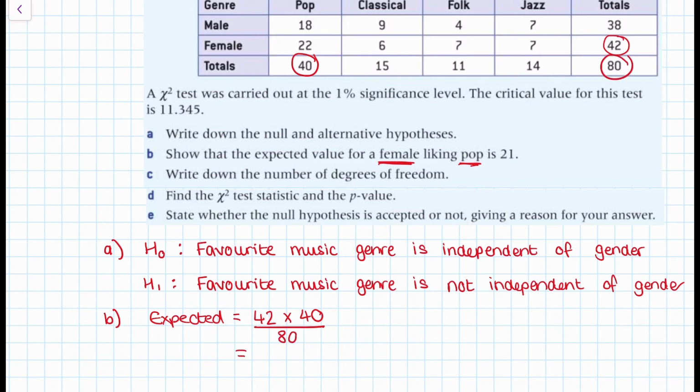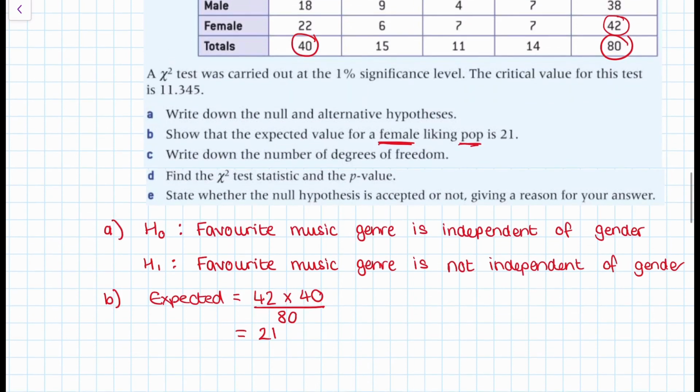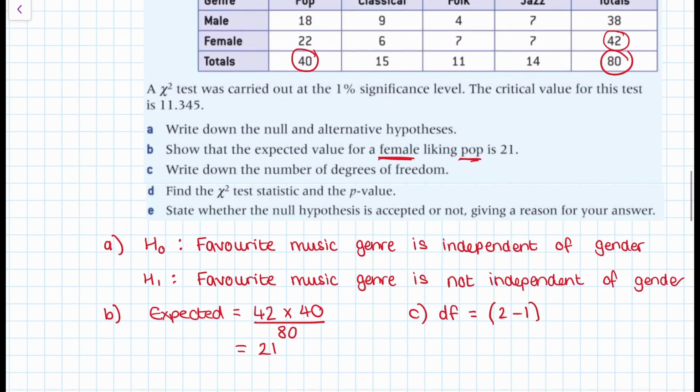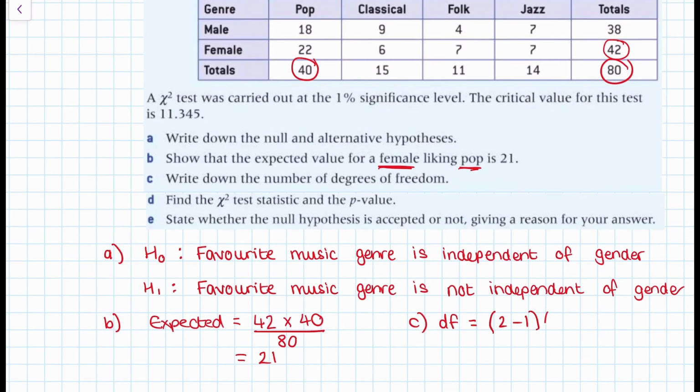You do that and you'll get 21. C, write down the number of degrees of freedom. So degrees of freedom, remember, is the number of rows, which is 2 because you've got male and female, minus 1, multiplied by the number of columns, which is 4, minus 1. So we'd end up with 1 times 3, which equals 3.